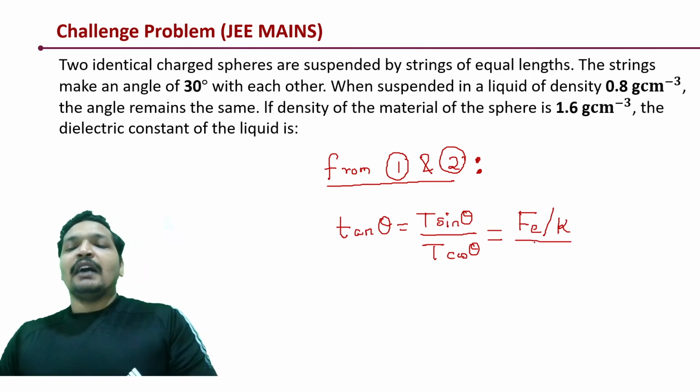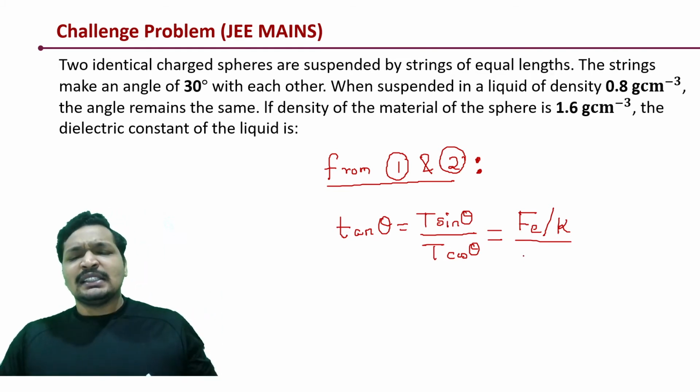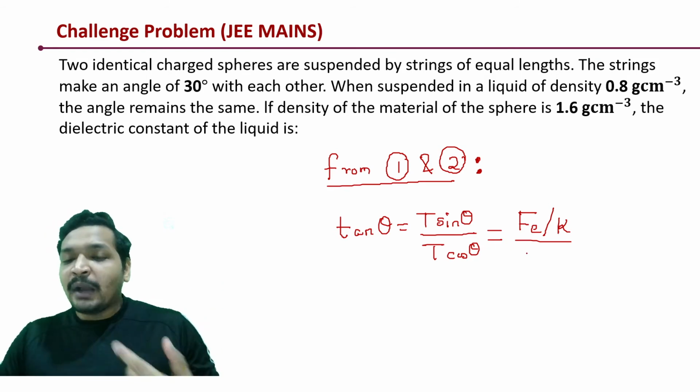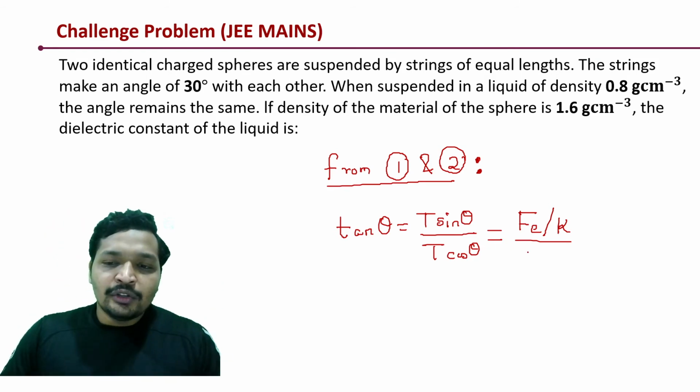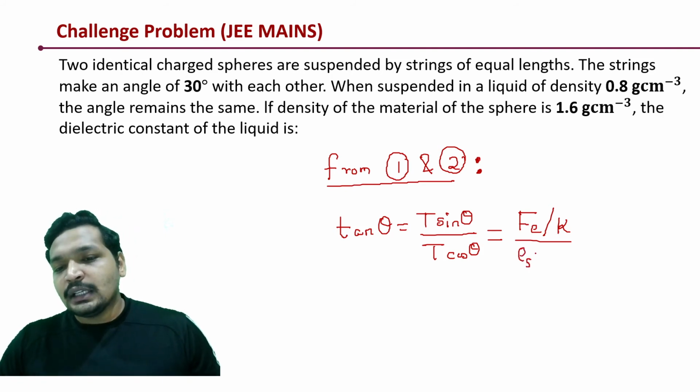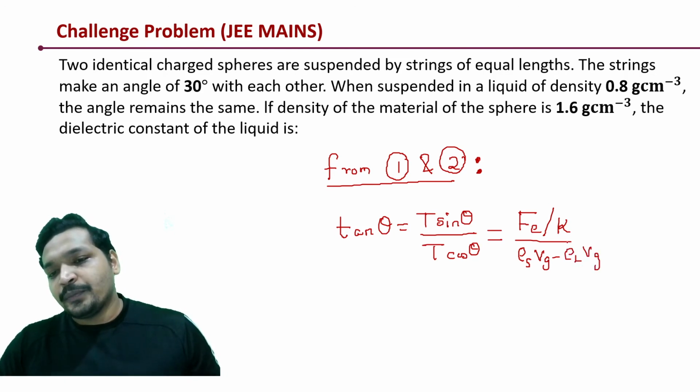Here we have rho s into volume into G minus rho L into volume into G, right? Let's write it down that way.